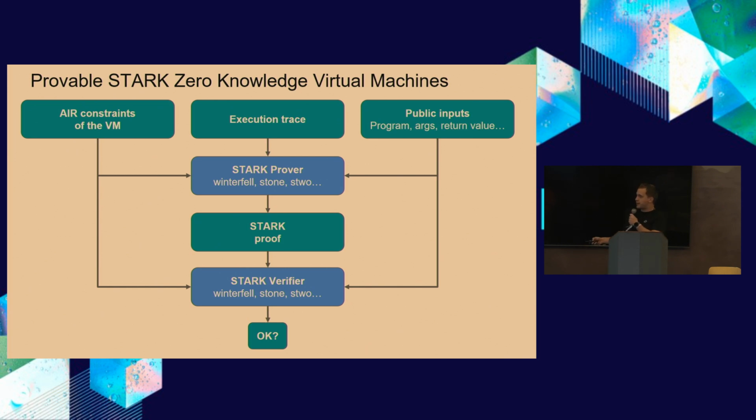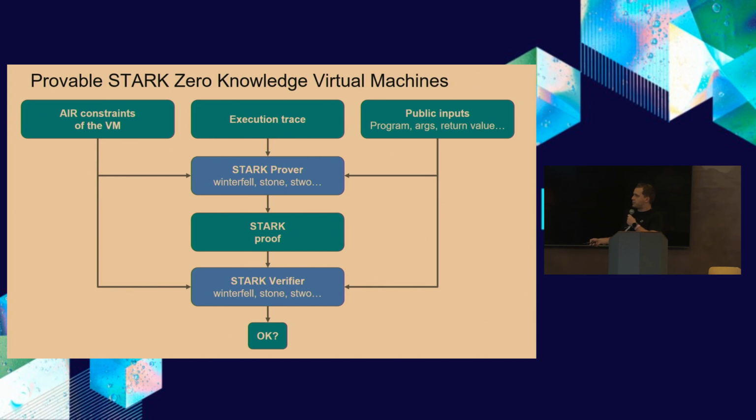This proof is compact, it's small, it's logarithmic in size depending on the size of the execution trace. And the cool thing here is that then you can take this STARK proof and feed it to any kind of STARK verifier, so a smaller computer typically.